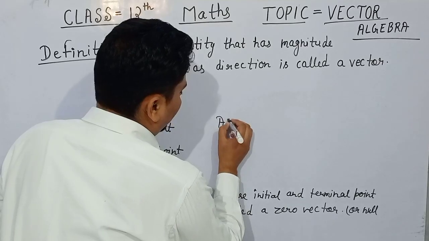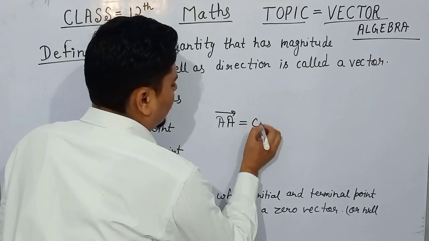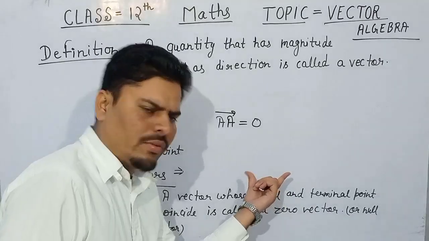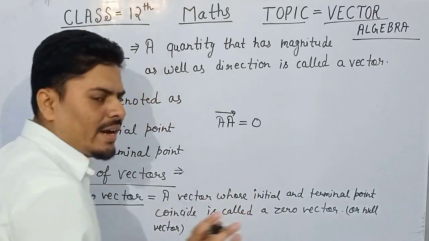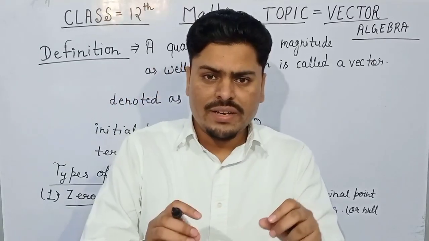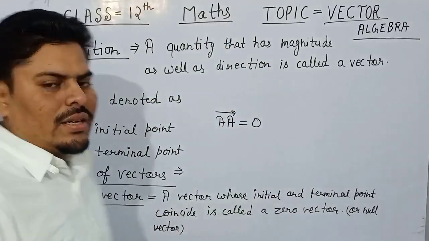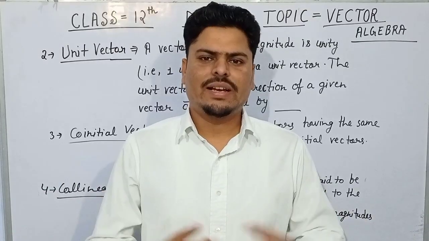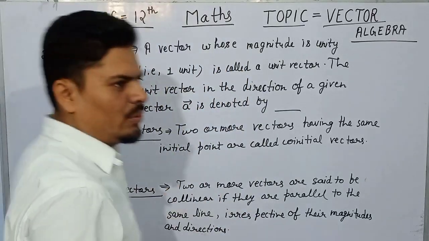The initial point is A and the terminating point is also A. That is a zero vector.